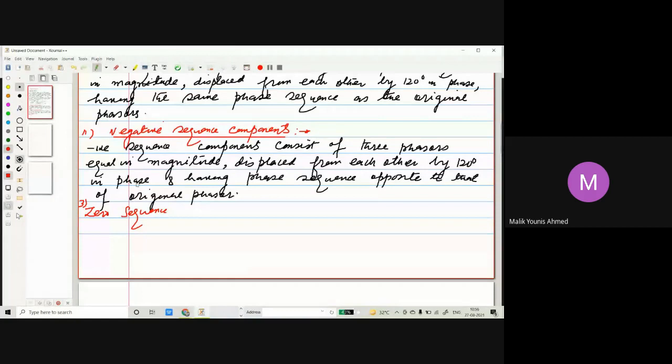Zero sequence components are three phasors equal in magnitude and with zero phase displacement. That's all. These are three phasors.